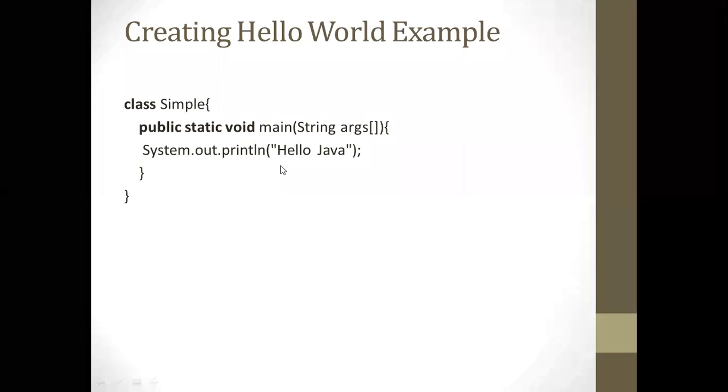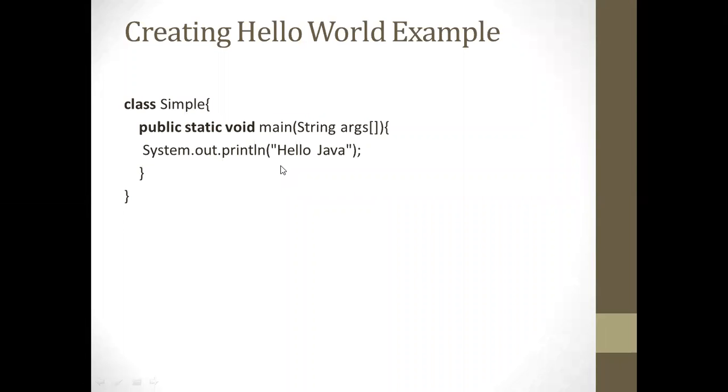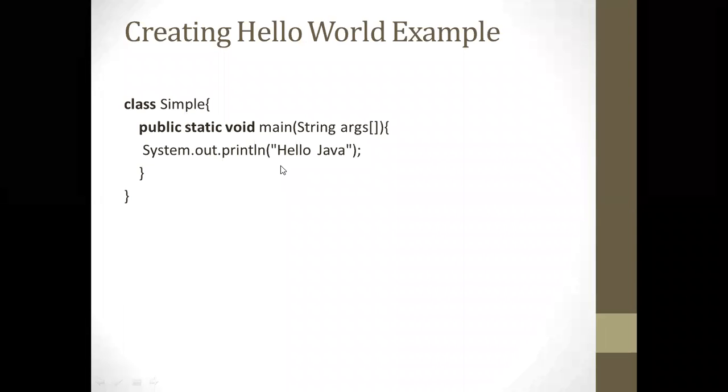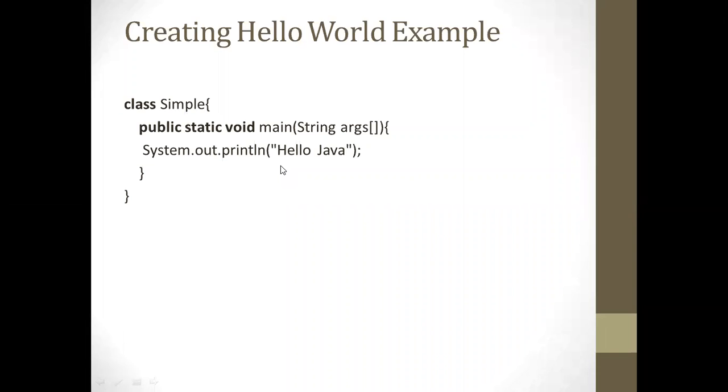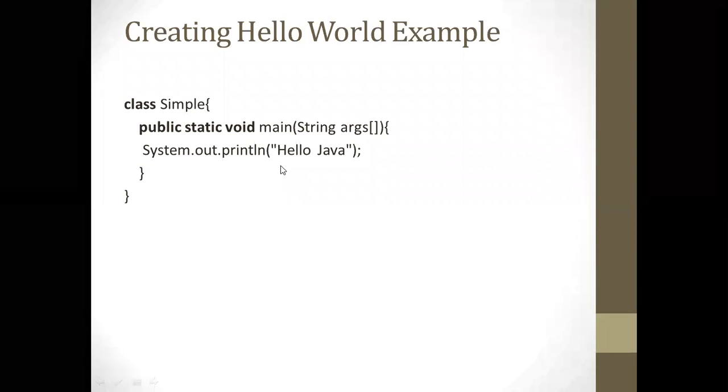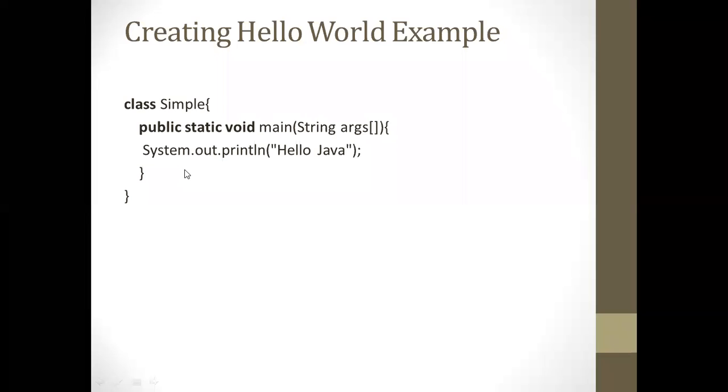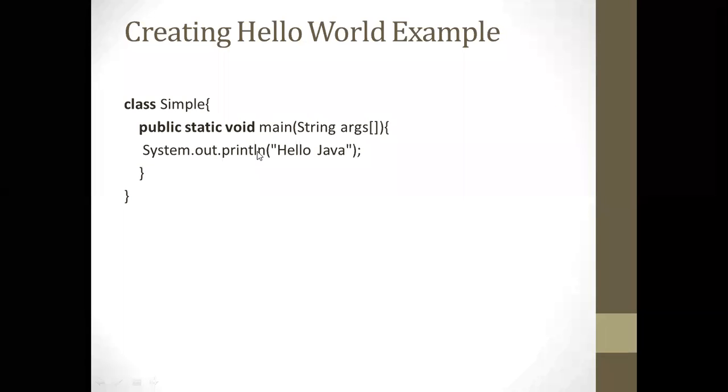Now what is the purpose of all these things? Why do we require this? The JVM has to always start with some application. Java does not have a concept of things outside of a class. So whatever we need to mention in Java should be under some particular class only.